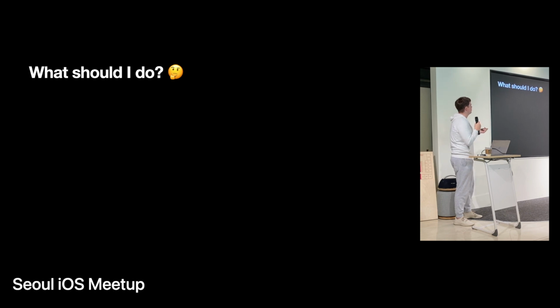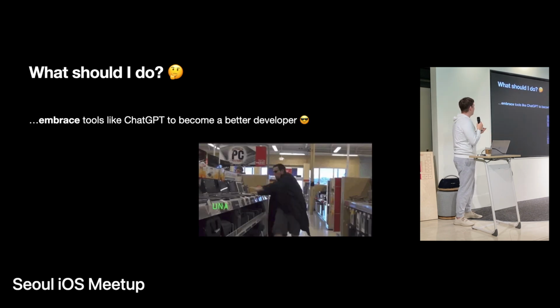So what should you do? I would say embrace tools like ChatGPT to become a better developer. You have two types of developers, right? Developers who will embrace all the new tools, and they will be more productive and have jobs in the future.